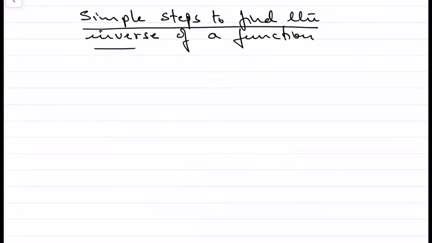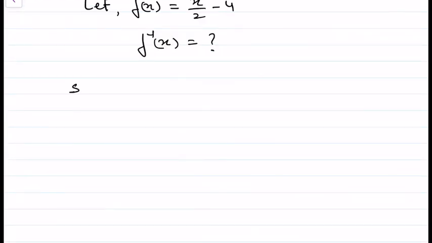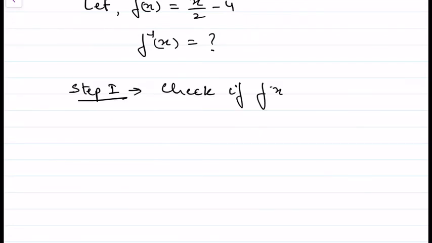Now let's find the inverse of a function by taking simple steps. Let's take f(x) = x/2 - 4 and try to find its inverse. In step 1, which is the most important one, we check if f(x) is invertible, and for that we do the horizontal line test.